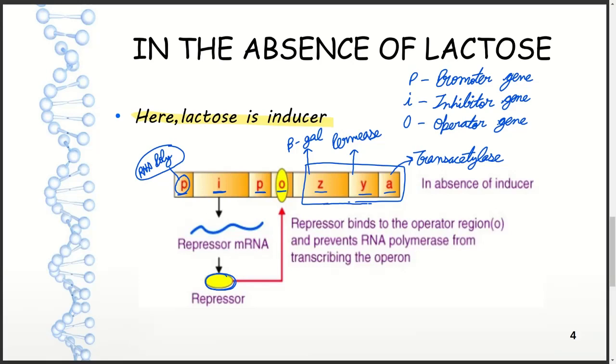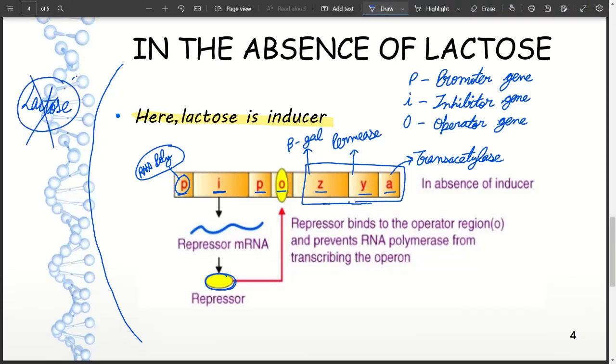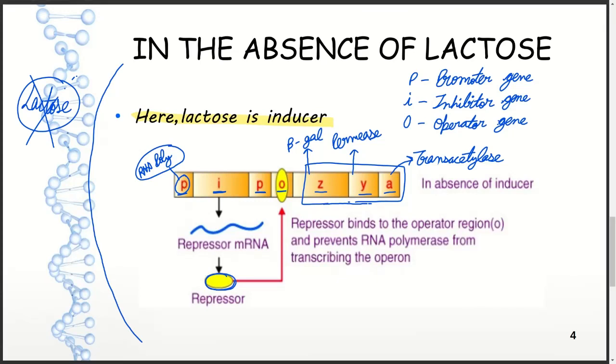So let us imagine the scenario in the absence of lactose. What will happen if there is no lactose? As I have drawn here, this blue boundary is our membrane, and here our lactose is not present. If lactose is not present, then we don't need structural genes, as these genes are used to break down the lactose.